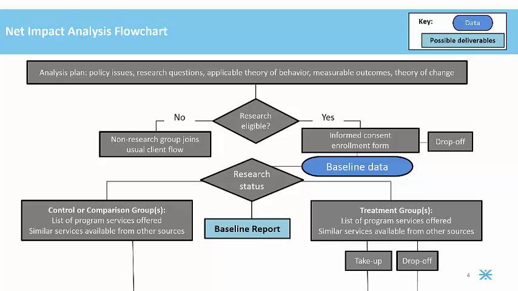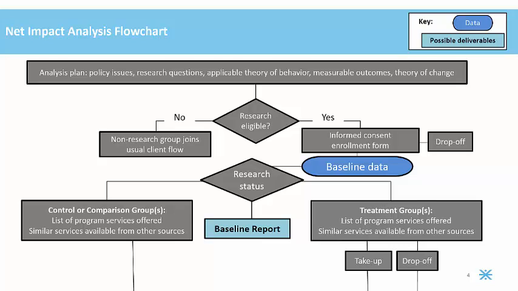Once you've established these research groups, you'll have lists of program services that will be offered to members of those groups. And you'll want those lists to be as different as possible, otherwise you won't really have anything to compare.